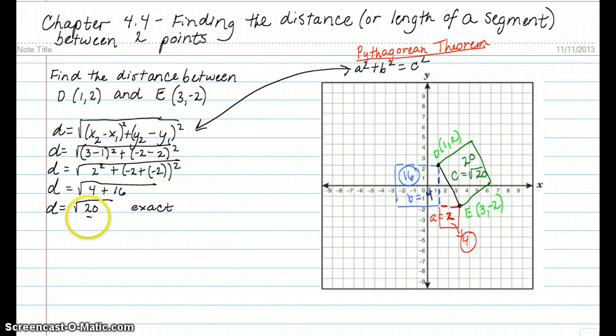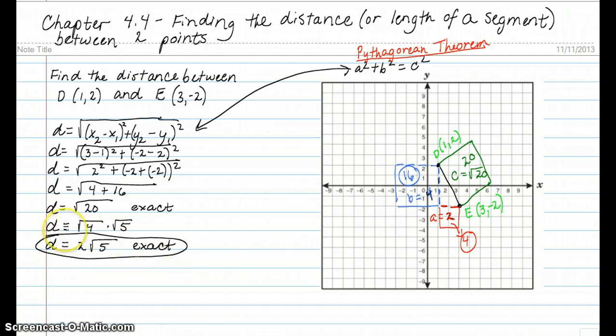So perfect squares are 1, that doesn't change anything, 4, 9, 16, well obviously 16 is too big, 9 times nothing gives you 20, but 4 times 5 gives you 20. So the square root of 4 times the square root of 5 is the same thing as the square root of 20. So you would actually write it as D equals square root of 4 is 2 times the square root of 5. That is your proper exact answer.